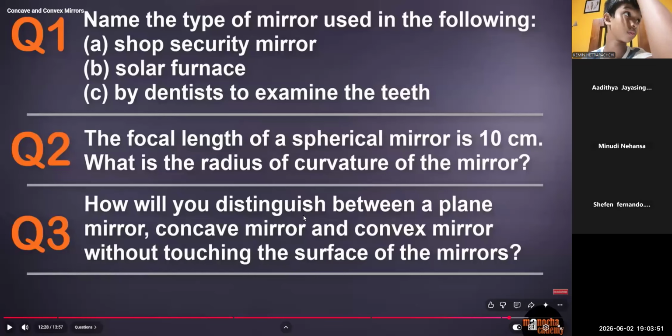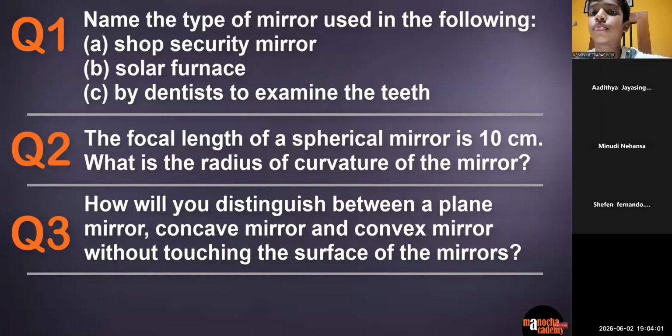How will you distinguish between a plane mirror, concave mirror, and convex mirror without touching the surface of the mirrors? Any idea? It's a kind of common sense question. Don't touch the mirror.